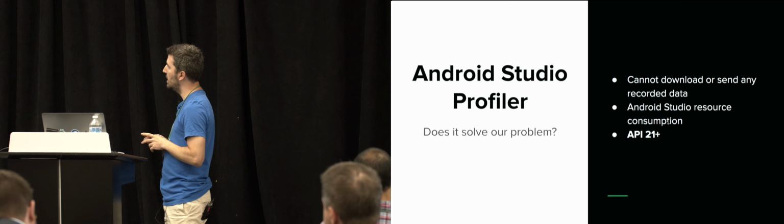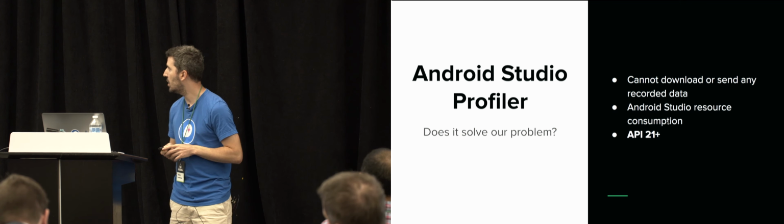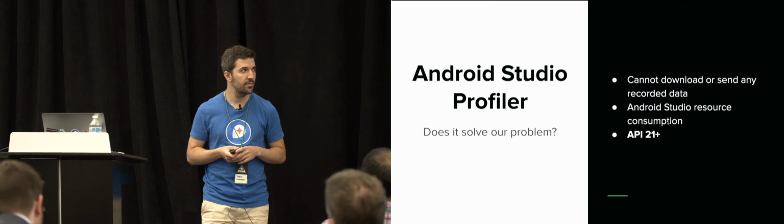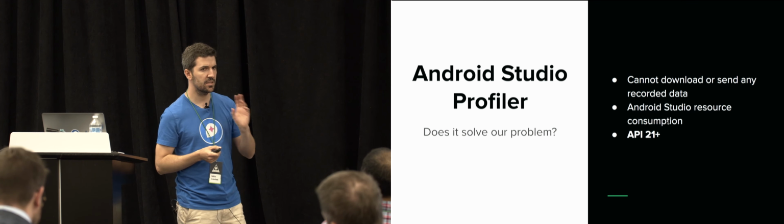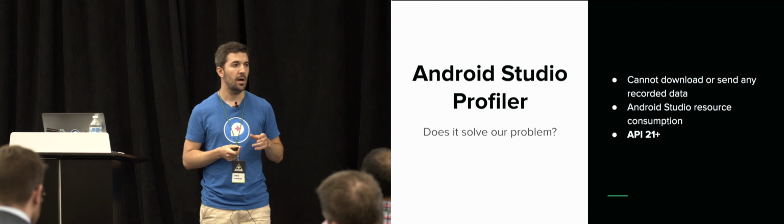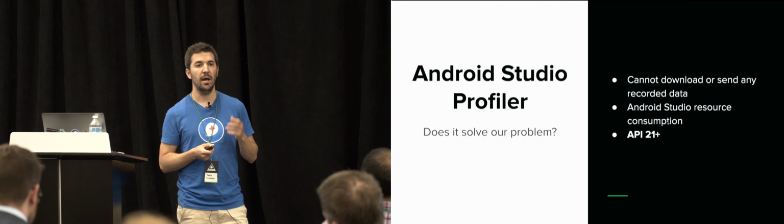Another problem that we run into is that the Android Studio Profiler only works for API 21 and above. Just to give you context, Mapbox SDKs support API 14 and above.